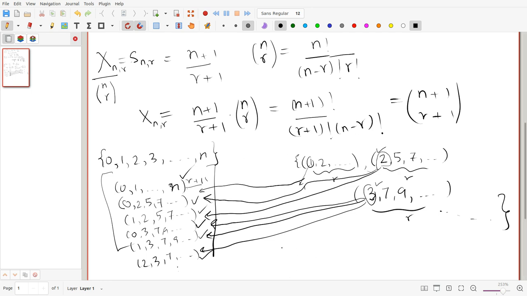So what we have just shown is actually this, that x sub n comma r, which is just the sum of the smallest elements in the subsets of size r taken from the set 0 to n, is the same as just counting the number of sets of size r plus 1 from a set of size n plus 1.